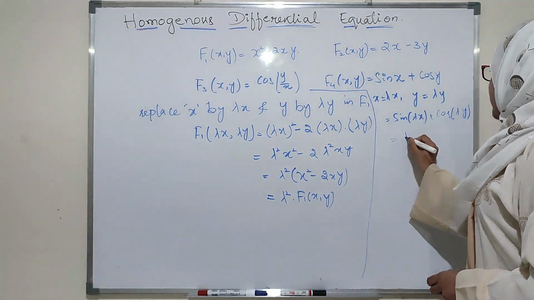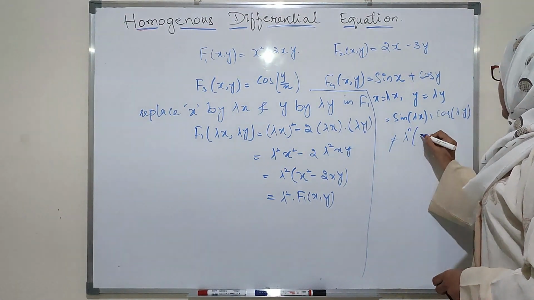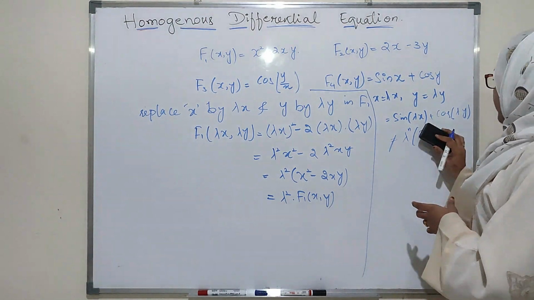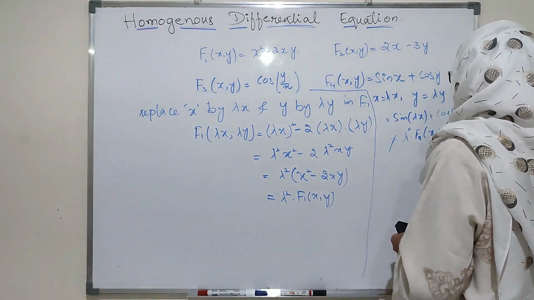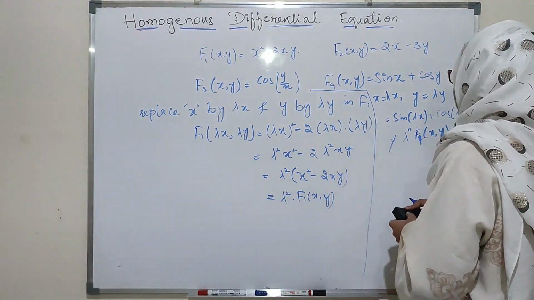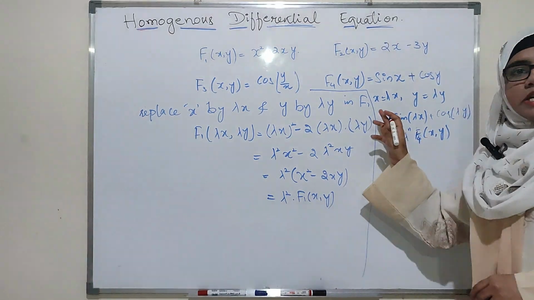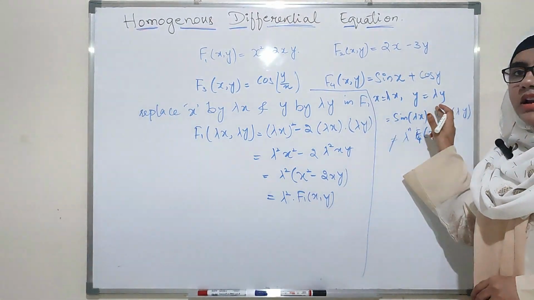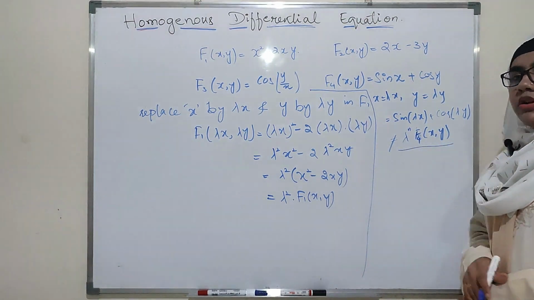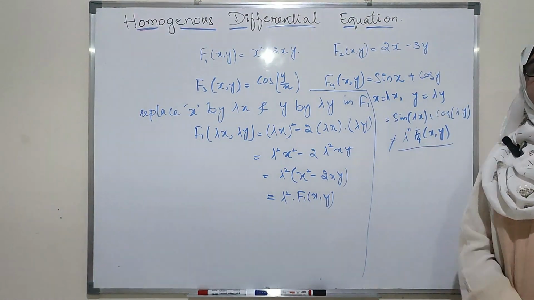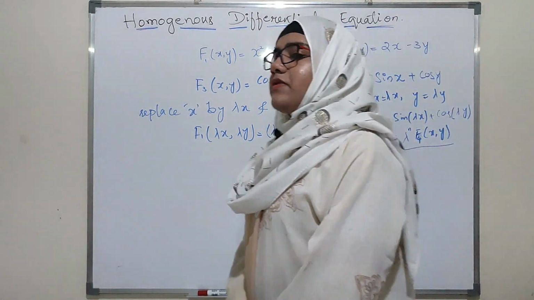So we can't say this is the same as lambda raised to the power n times f4 of x comma y. If we replace x by lambda x and y by lambda y, we do not get this. If this condition is not satisfied, that means the given function is not a homogeneous function.